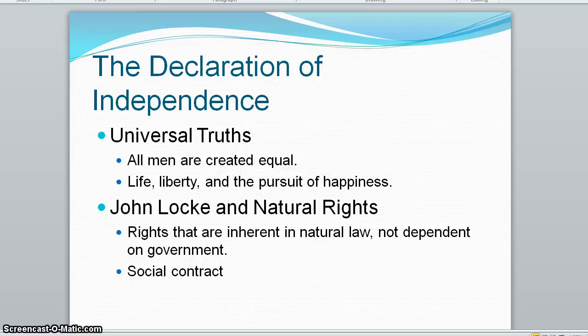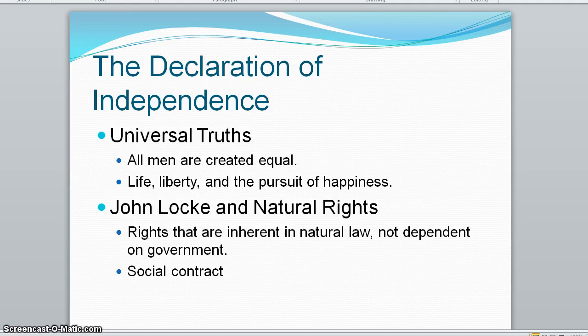The Declaration of Independence had a couple of very critical ideals. One, the ideal of universal truths, that all men are created equal, and the rights to life, liberty, and the pursuit of happiness.